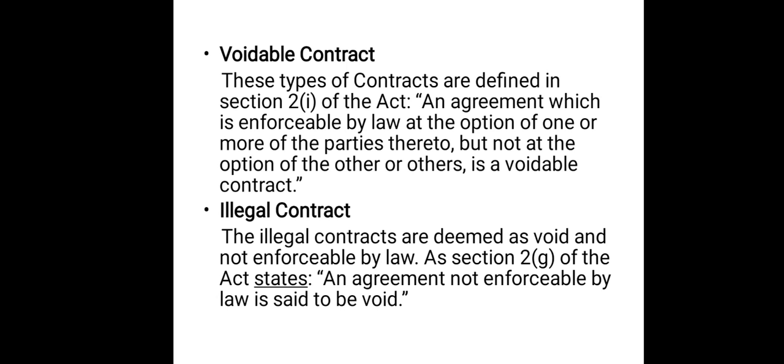We can't insist on any case or further proceeding in the court. So the contract will totally collapse. Everybody knows it is an illegal contract, and both parties will be punishable. So we can't insist on it in the court or case. This kind of contract we say is an illegal contract.